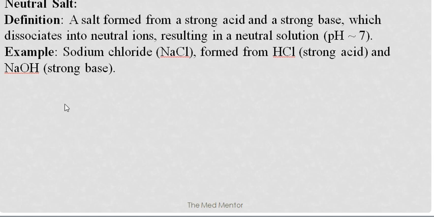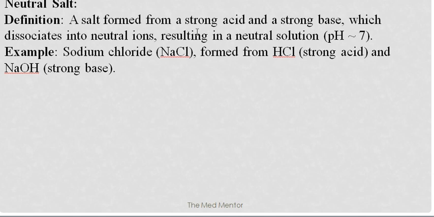One more important type is the neutral salt. Anyone guess what the product is? If you guess, comment below. A neutral salt is basically a salt from a strong acid and a strong base.